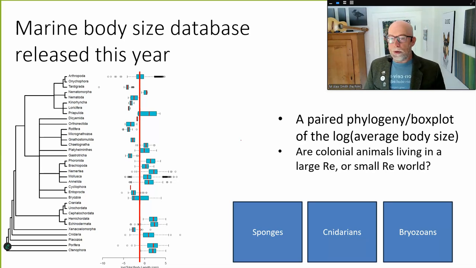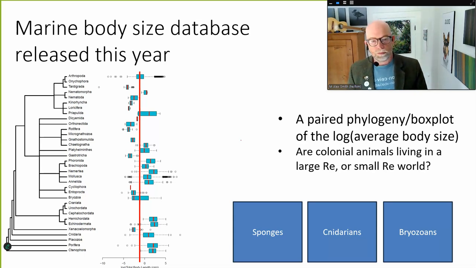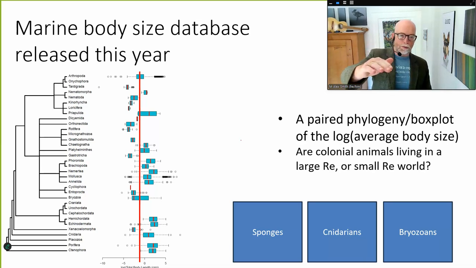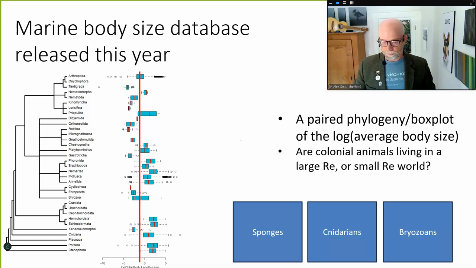And let's say most of the colonial animals are in these three phyla. Large or small? You could put a vote on the top for large and on the bottom for small.